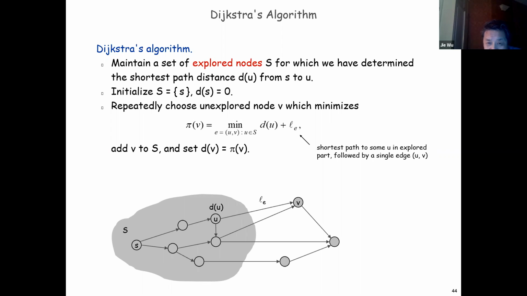Then you pick one particular node that satisfies a certain condition. In Dijkstra's algorithm, it is the shortest path from this gray node to S through intermediate nodes, through these explored nodes. That's very important. Then you keep on growing. For Prim's algorithm, the minimum spanning tree, it's the same idea.